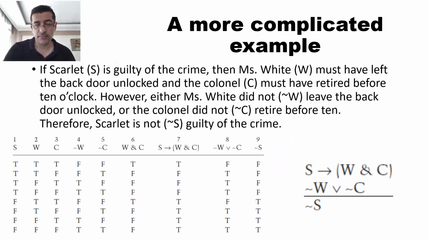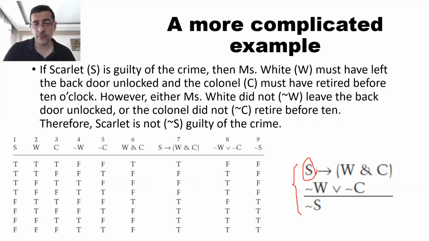We said S is Scarlett, W is White, C is the Colonel, then not W, not C, not S. Okay, so what matters here is the vertical translation. Now we have two operators in the first sentence. If Scarlett is guilty of the crime, this is S, right?